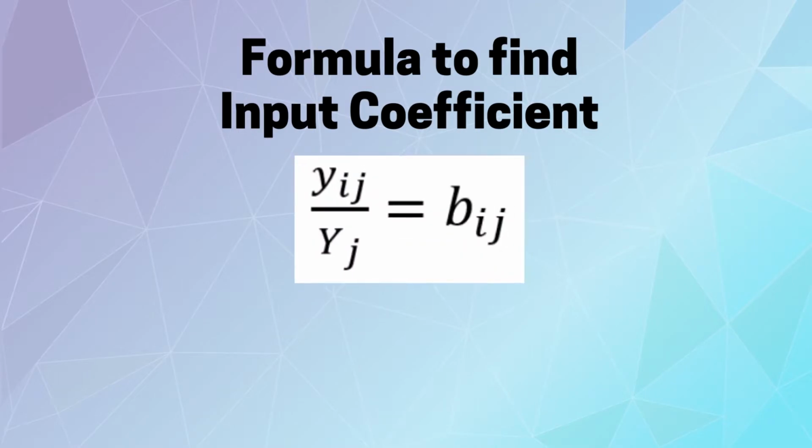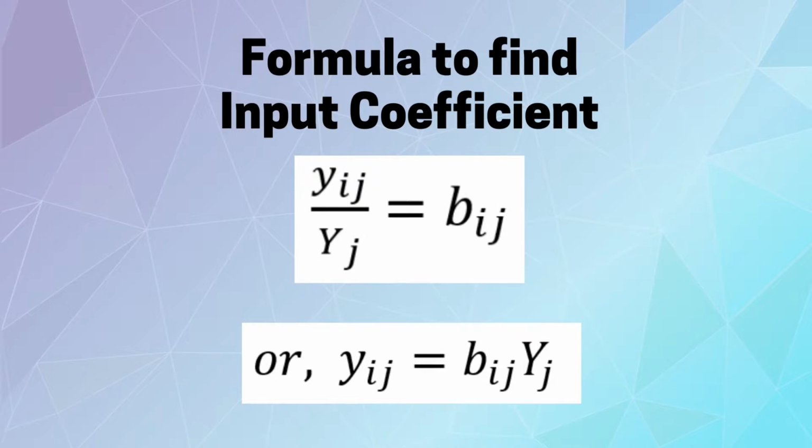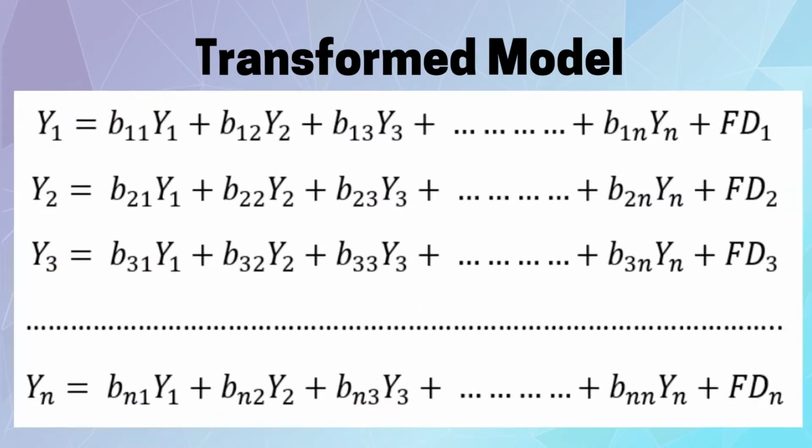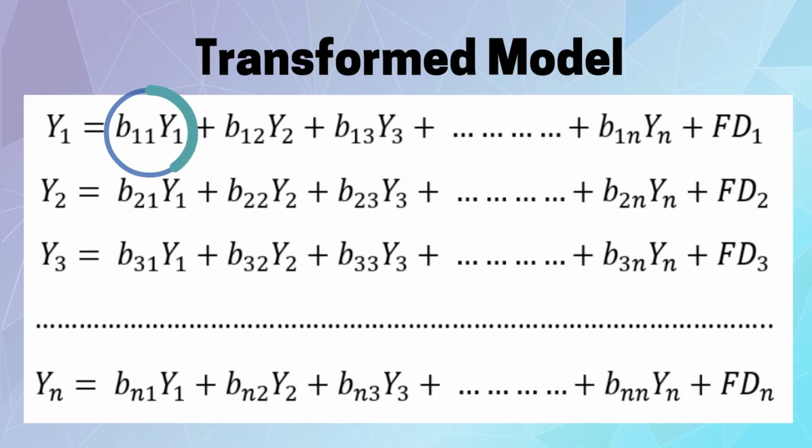Now, this is the mathematical formula for finding the input coefficient. Using this formula, we transform the general form of the input-output model. Note that Y11 is now written as B11 into Y1, and similarly the other terms in the equations.